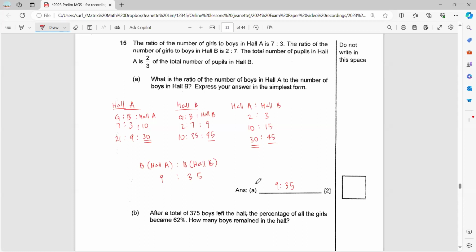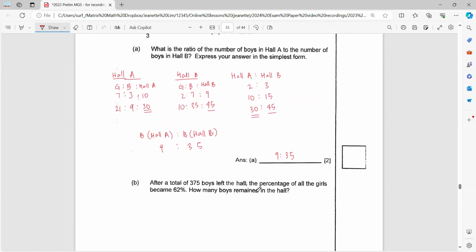So let's write the ratio at first, like all the boys to all the girls. It doesn't matter which hall they're from now. So boys will be 9 plus 35, 44.